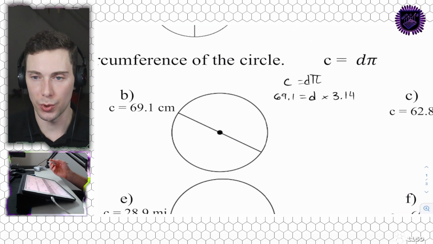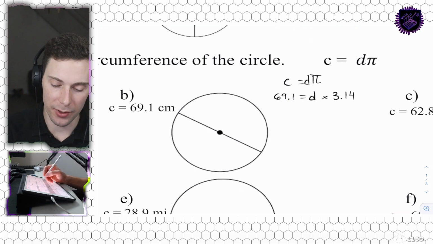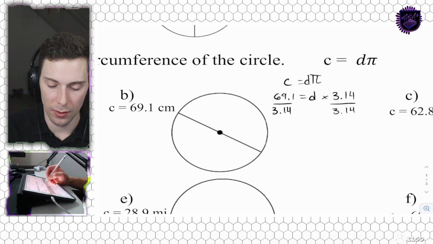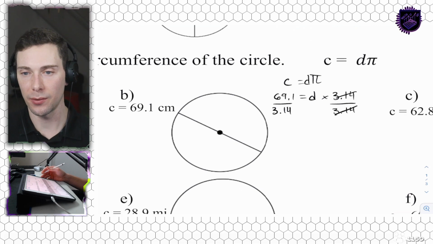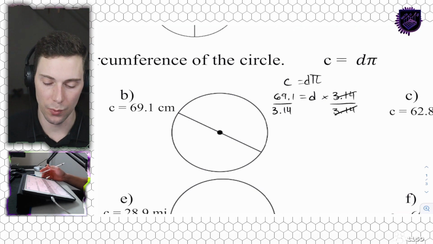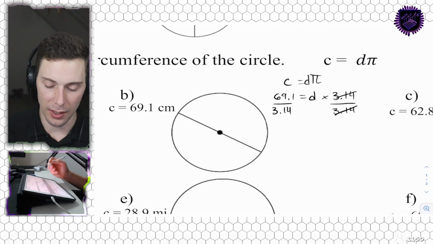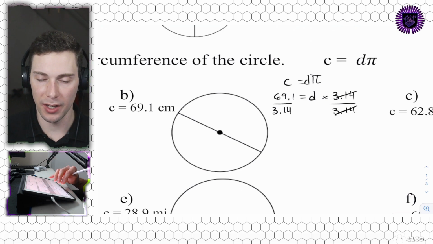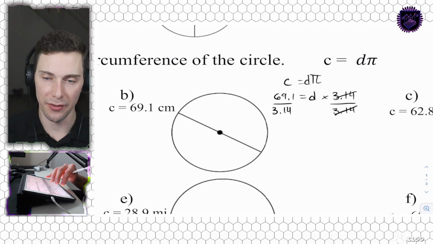We don't know diameter, we want to know diameter, so we're going to say divide by 3.14 on both sides of this equation. This side, it cancels itself out. It turns into 1, which doesn't matter. But on the other side, it simplifies it to the value of d.